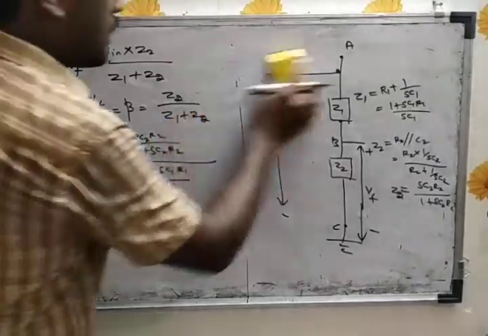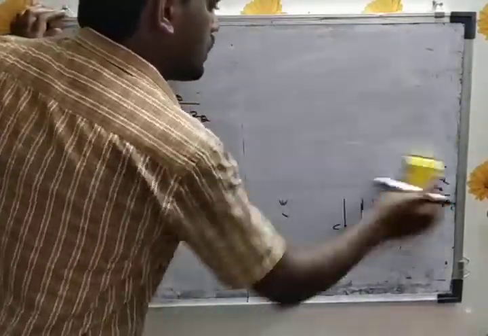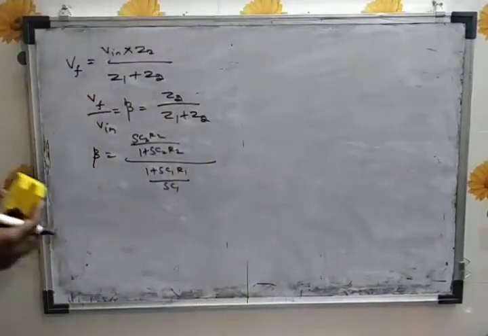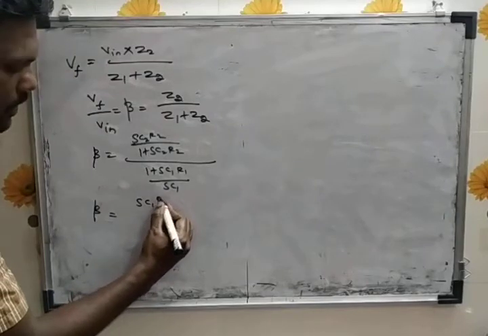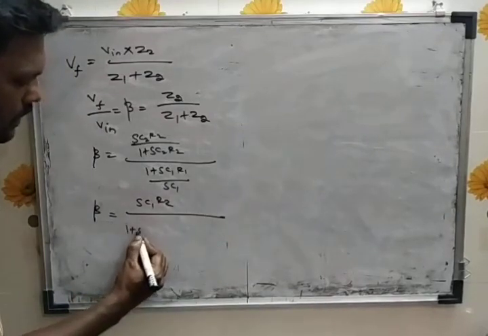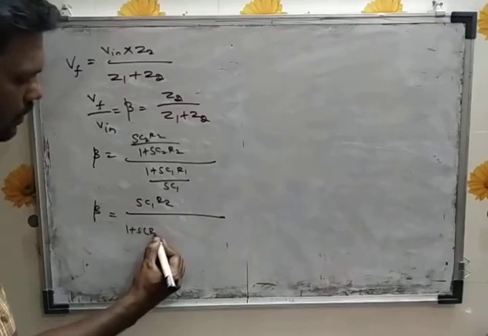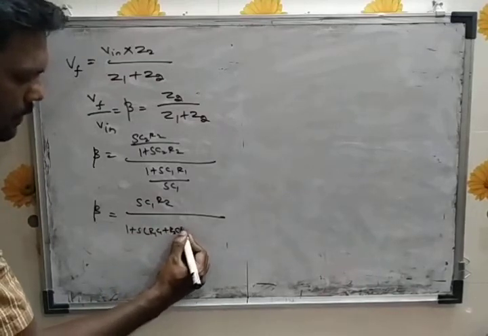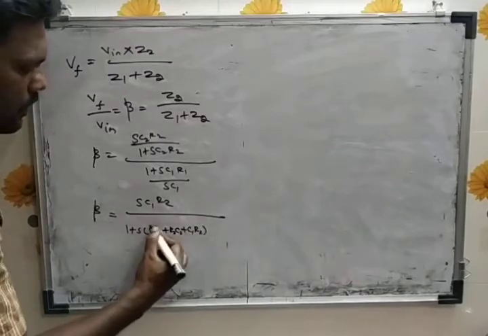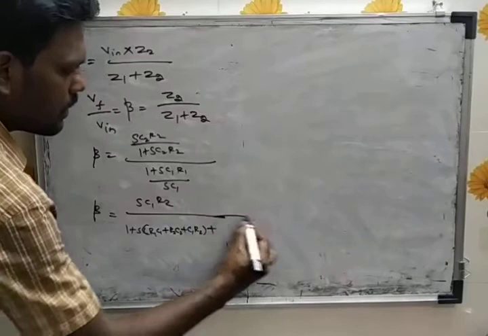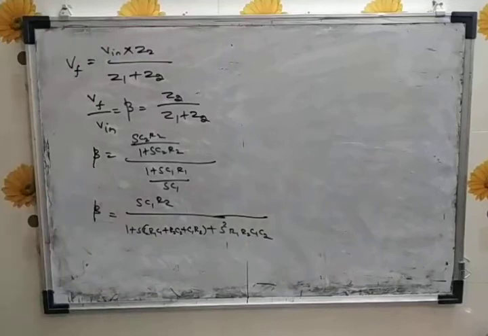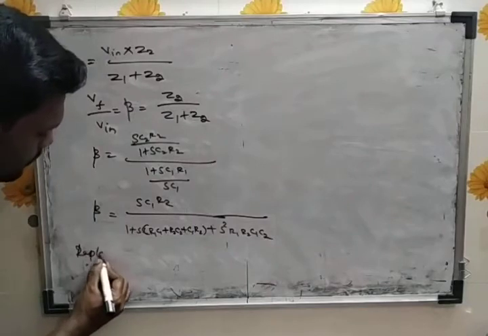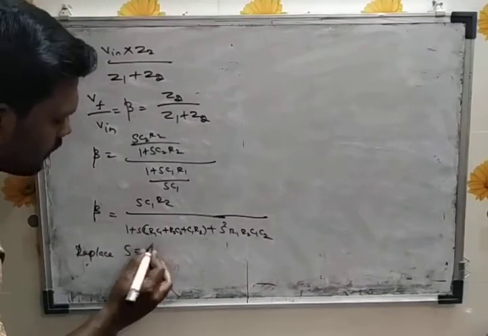If you simplify this, you will get beta is equal to SC1 R2 divided by 1 plus S times (R1 C1 plus R2 C2 plus C1 R2) plus S square R1 R2 C1 C2. Then replace S is equal to J omega.